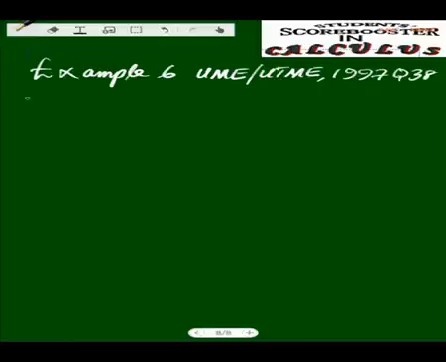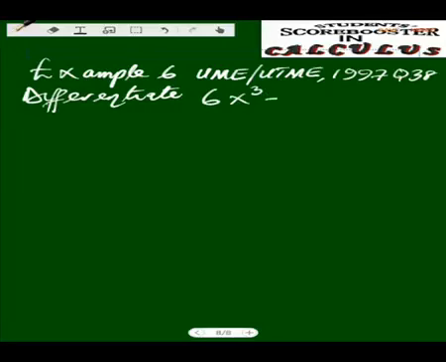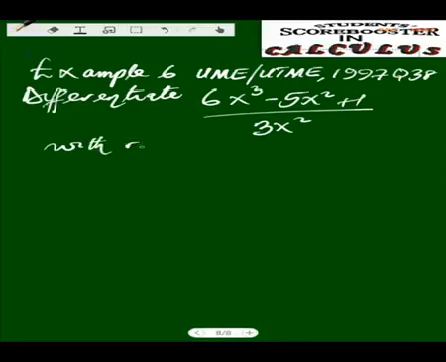So the question is: differentiate 6x raised to the power 3 minus 5x raised to the power 2 plus 1 over 3x squared with respect to x.